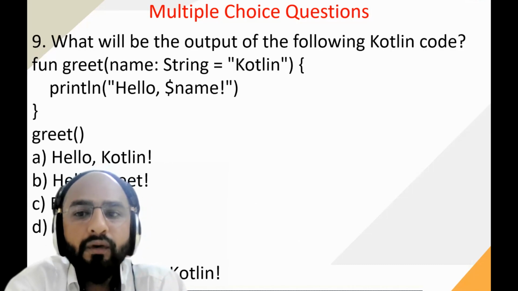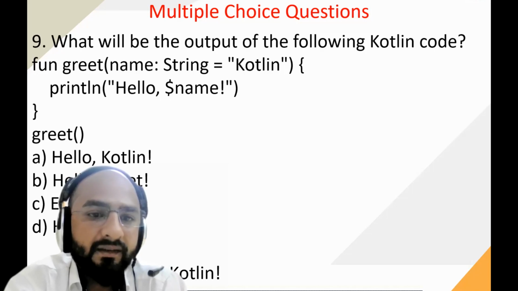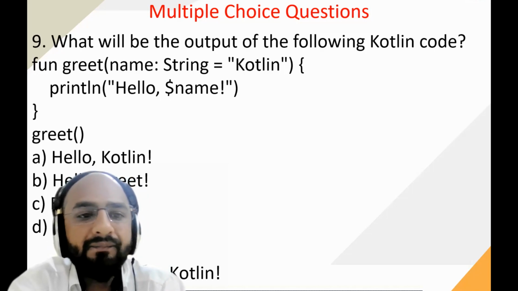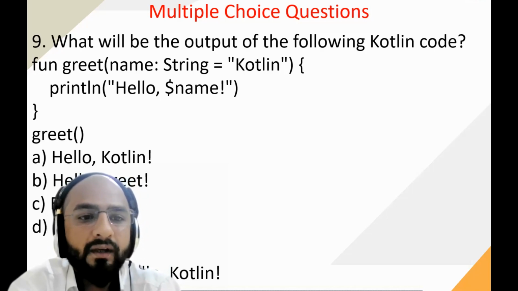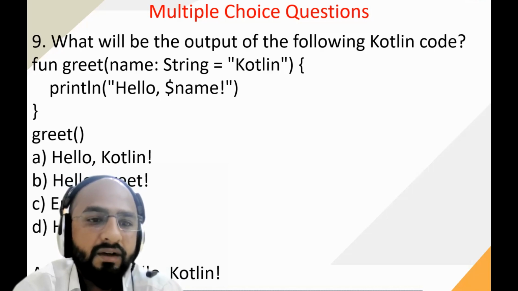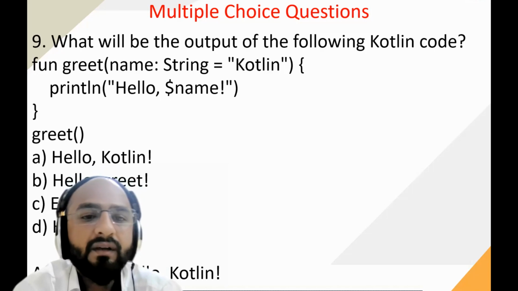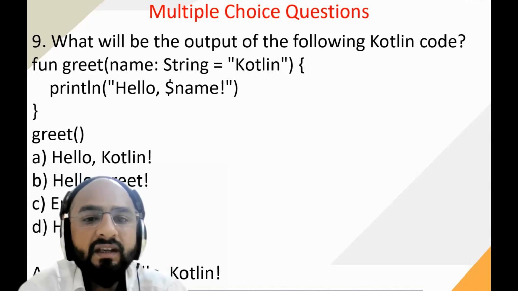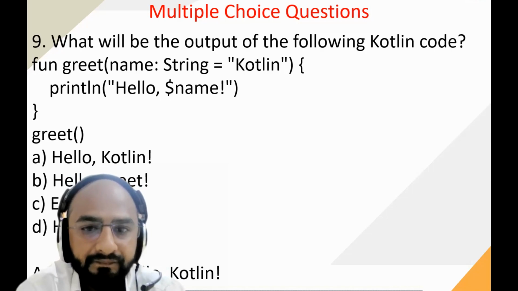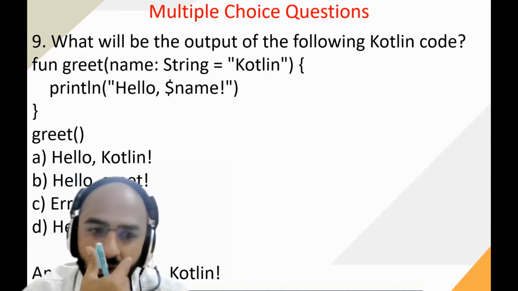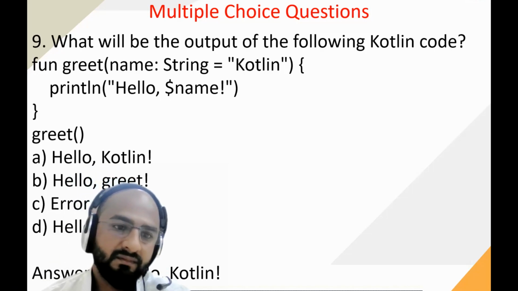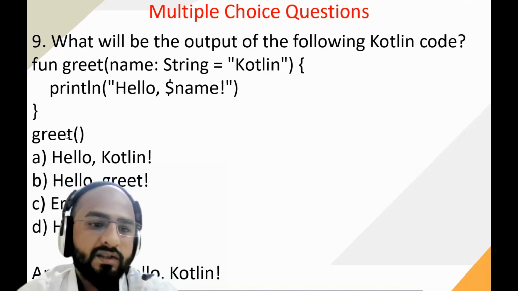What will be the output of the following Kotlin code? Function greet name colon string equal to Kotlin, println hello dollar name. So there is a function named greet having a parameter name colon string equal to Kotlin. And when we call the greet function, what will be the output?